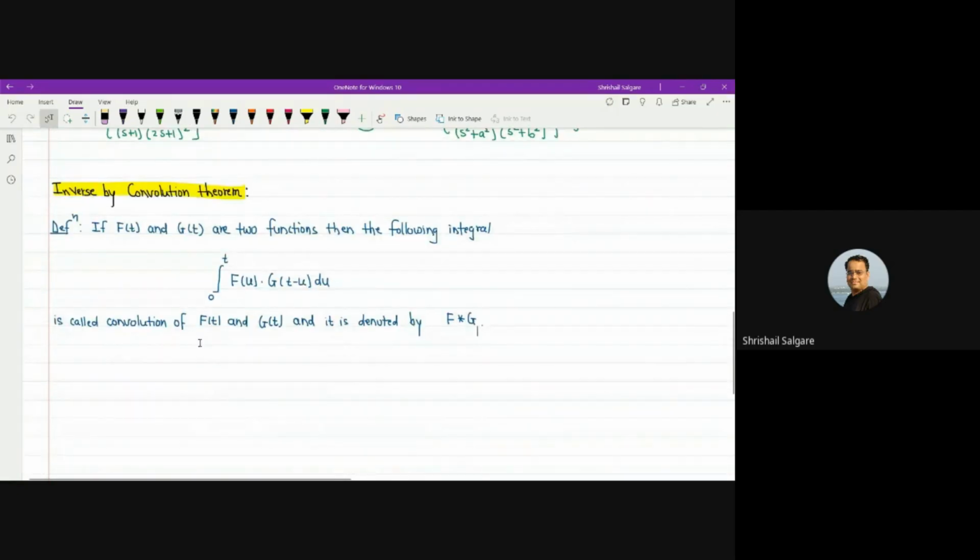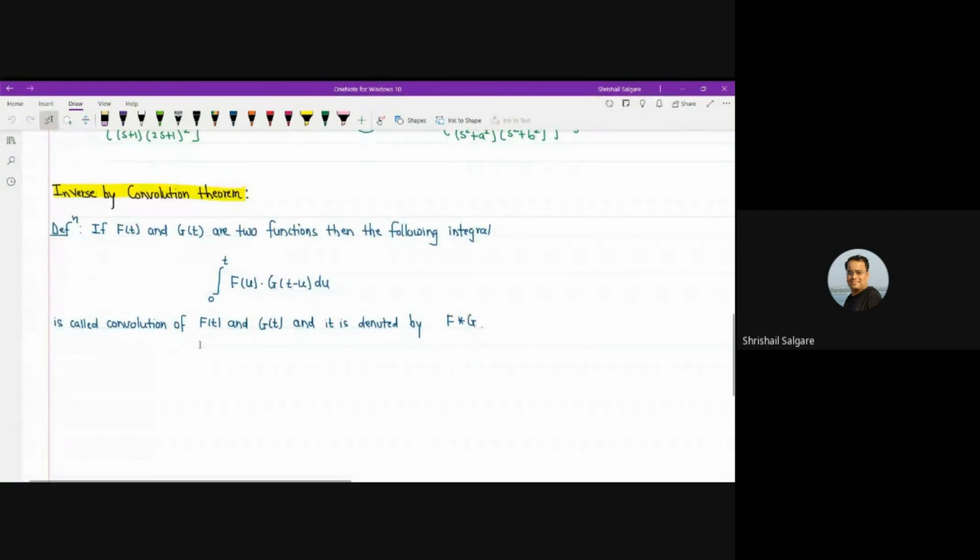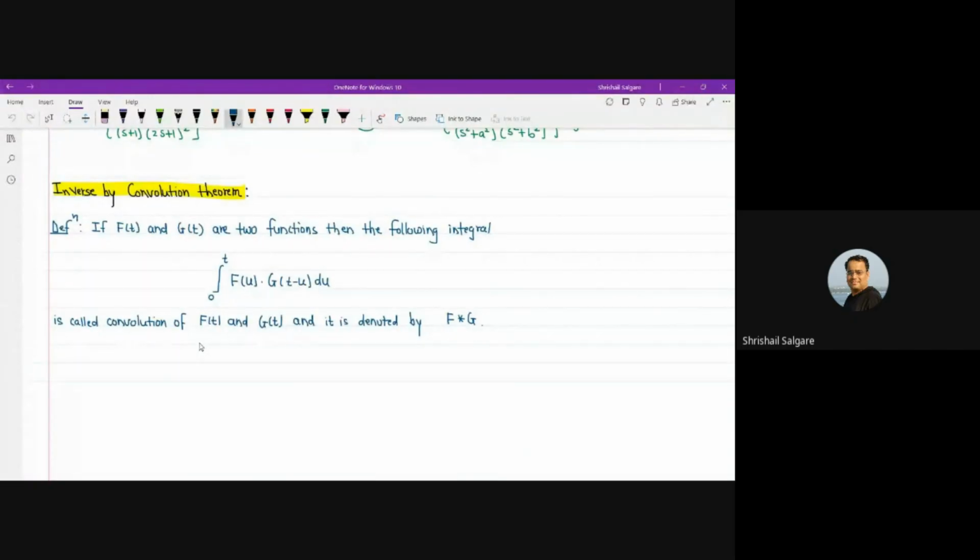So can anyone explain how will you write G star F? Similarly, suppose you want to write G star F.